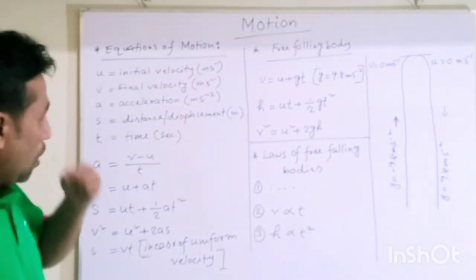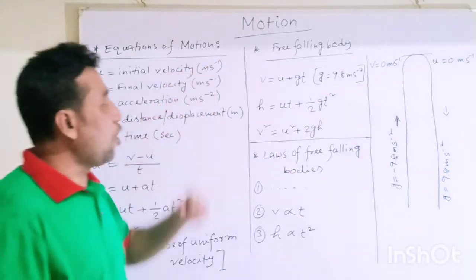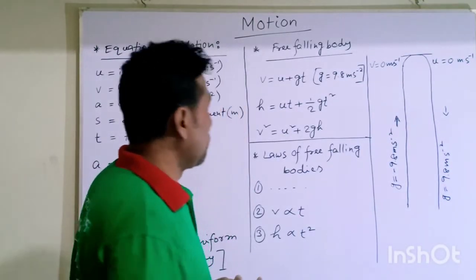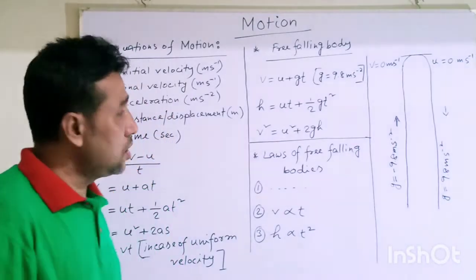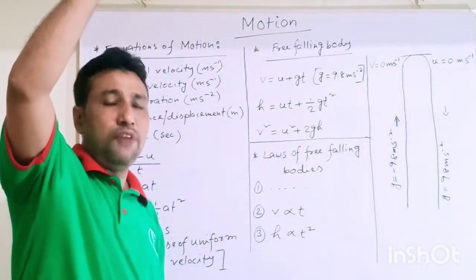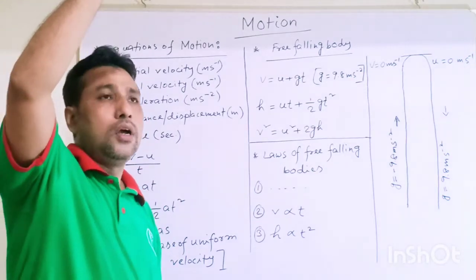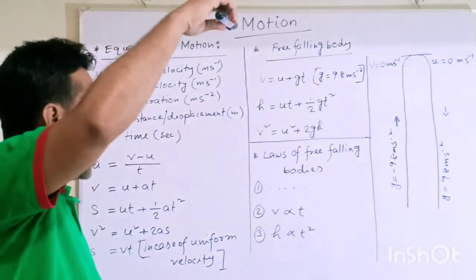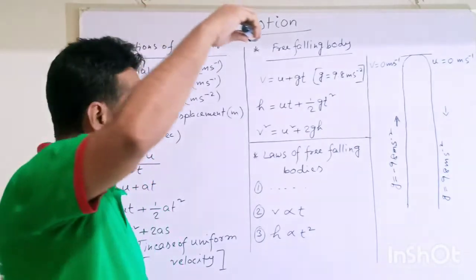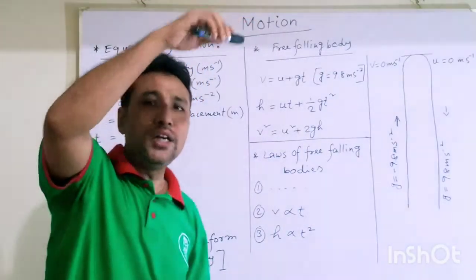Now let us go to the free falling body. What do you mean by a free falling body? A free falling body means an object falls from a definite, certain or particular height without any resistance, only under gravitational force.